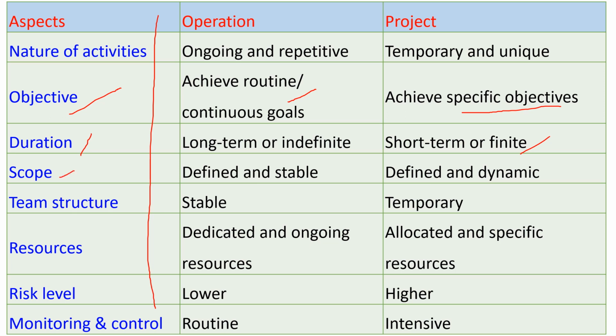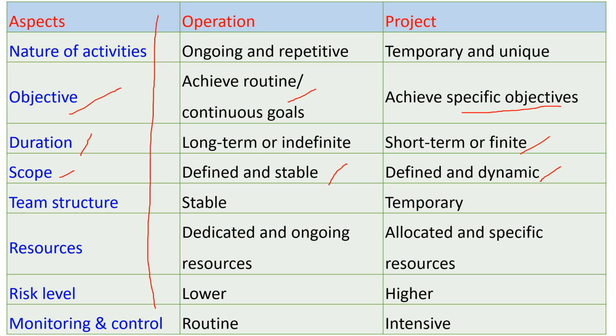When we see the scope, the operation has a defined and stable scope, whereas the project has a defined and dynamic scope. The scope of the project may be varied. When we are doing a project, we may vary the scope. We may expand or narrow the scope.